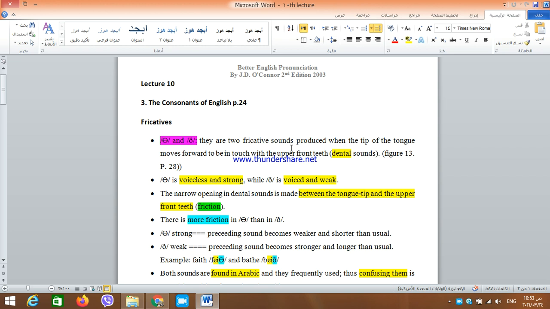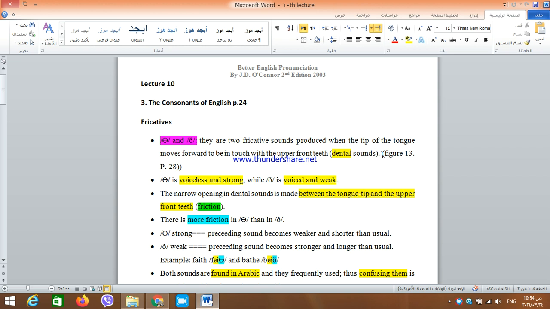This time, for th and the, the narrow opening is between the tip of the tongue and the upper front teeth. These two sounds are called dental sounds, because the teeth, more specifically the upper front teeth, are involved in the pronunciation of these sounds.